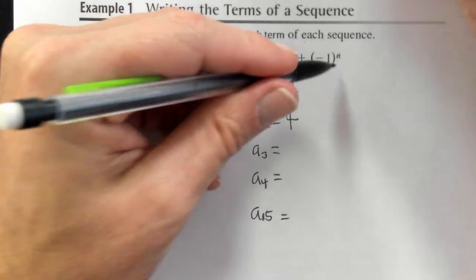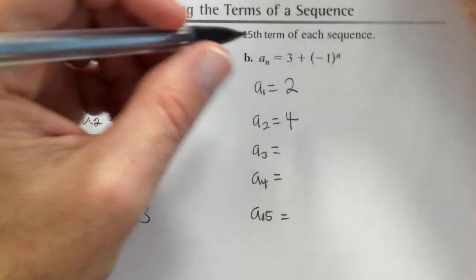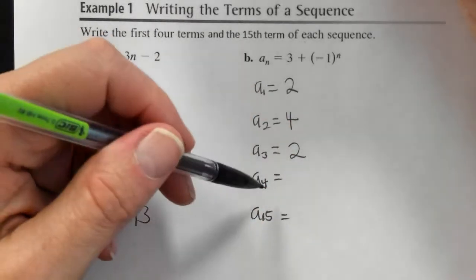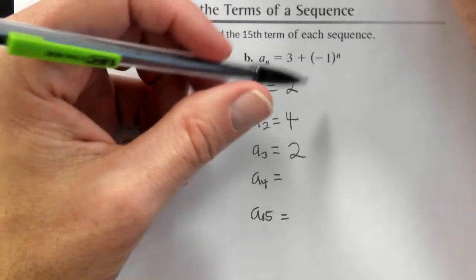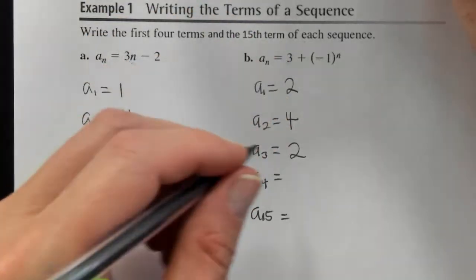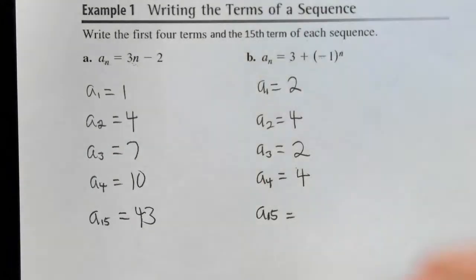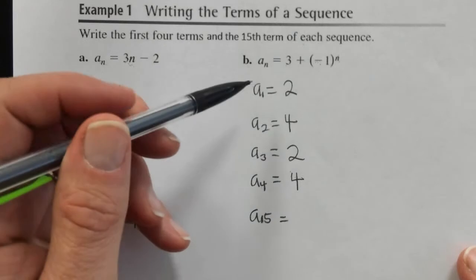All right, third power. Negative 1 to the third power is negative 1. And then 3 minus 1 is back to 2. So you can kind of see the pattern now. Fourth power, negative 1 times itself 4 times is positive 1, plus 3 would be 4. And now that we kind of see the pattern, we can see what negative 1 to the 15th power is going to be.